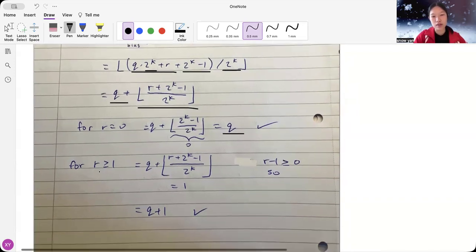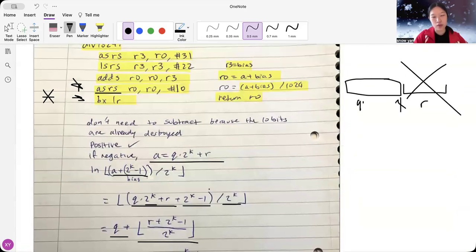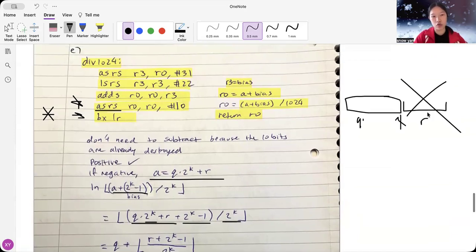In the case that R is greater than or equal to 1, then R minus 1 would have been greater than or equal to 0, so this thing would have evaluated to 1. We would get Q plus 1, which is what we need. In other words, our quotient checks out, and we don't need to subtract because of this argument that it's already destroyed.